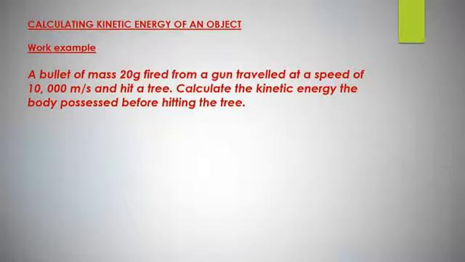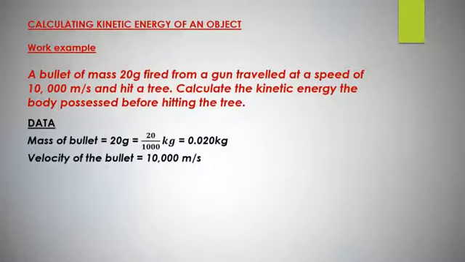So as usual, we shall write the data. Mass of bullet is equal to 20 grams, which must be converted to kilograms by dividing 20 grams by 1,000 grams per kilogram.